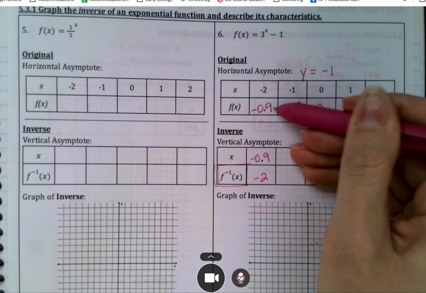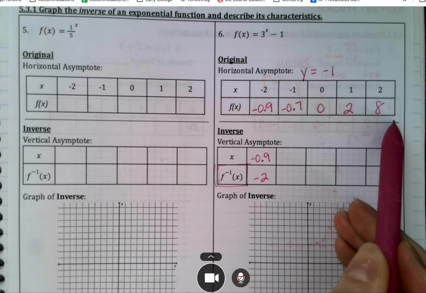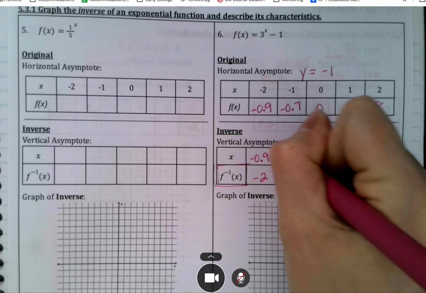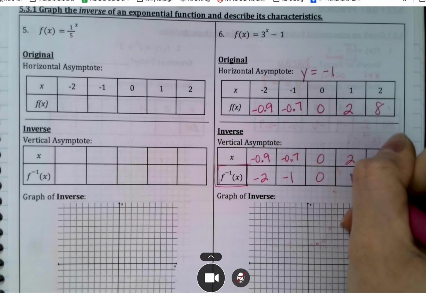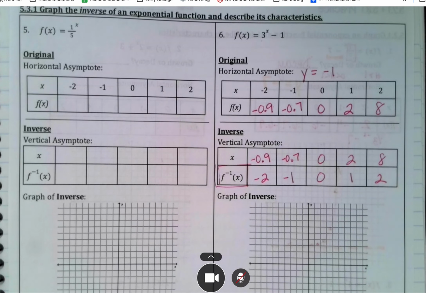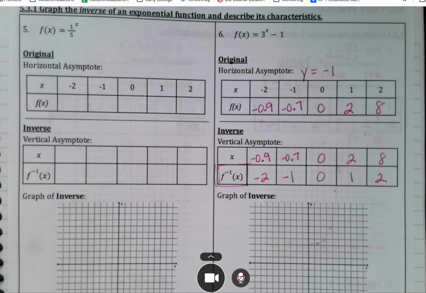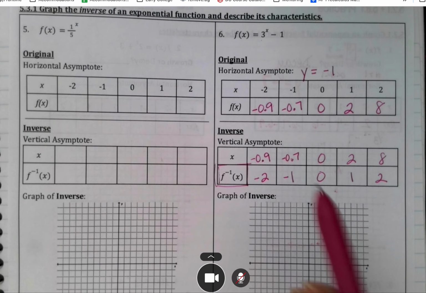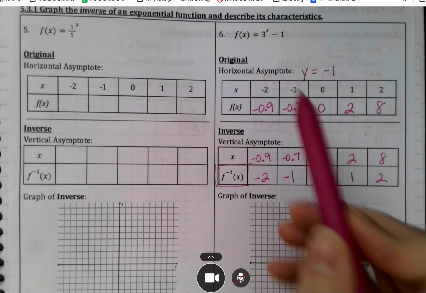So I'm just taking these two values and flip-flopping them, and I'm going to do it for every single point in my new table. If it's easier to do one row at a time, I have seen that causes less mistakes. So do all of the x values from the bottom row and then all of the outputs from the top row.